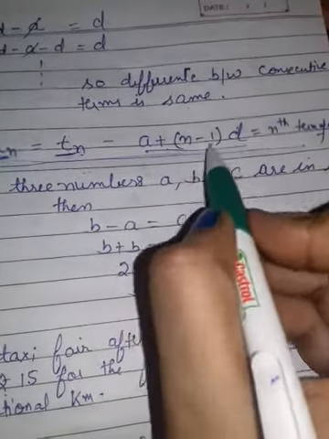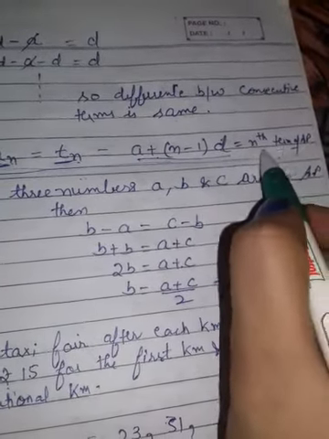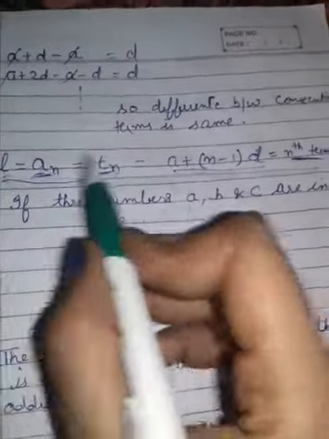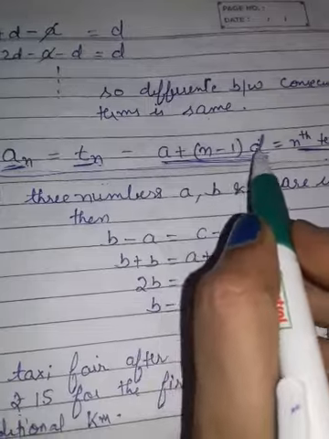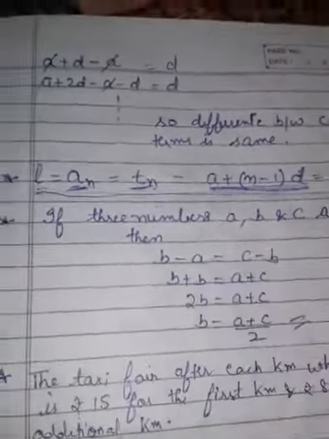A plus N minus 1 into D. This is the nth term of AP. Tn, An, L, all these are equal to this one: A plus N minus 1 into D. Nth term, the general term we can say.